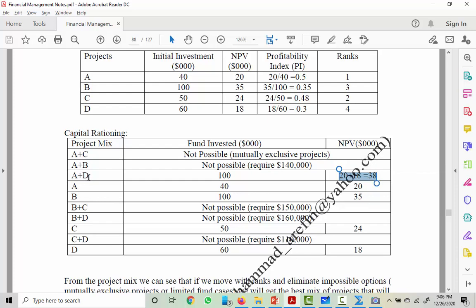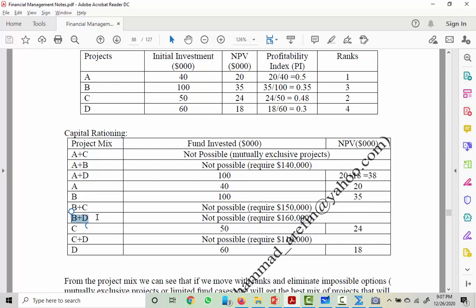If you invest in only A, you will get only $20,000 NPV. If you invest in only project B, you will get $35,000 NPV. Can you invest in project B and C? No, not possible. You will need $150,000 in that case.